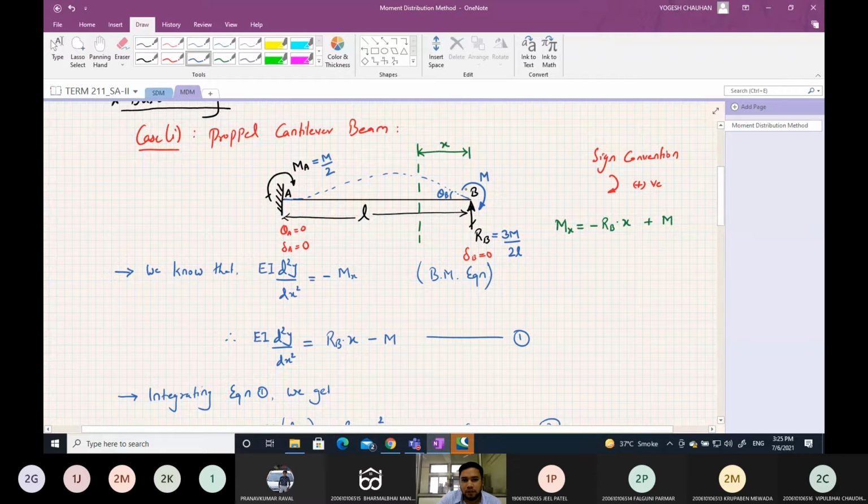So what does it mean? When the moment M is applied at B, the moment induced at the far end, which is fixed, will be half of the moment applied, that is M by 2.